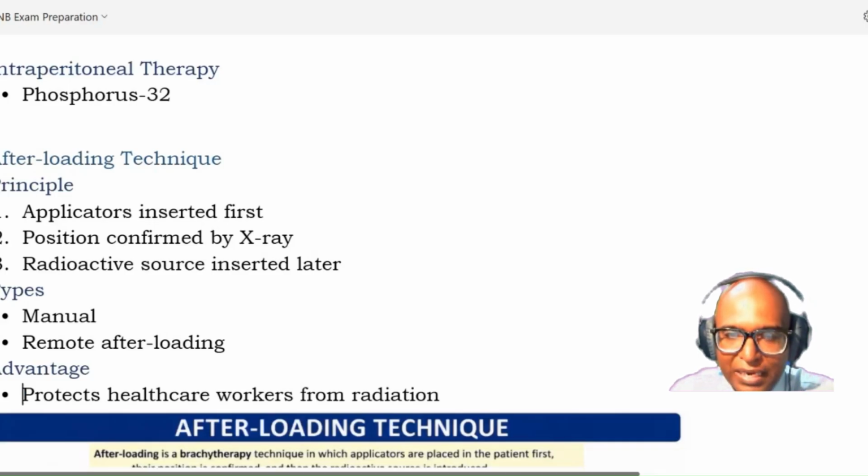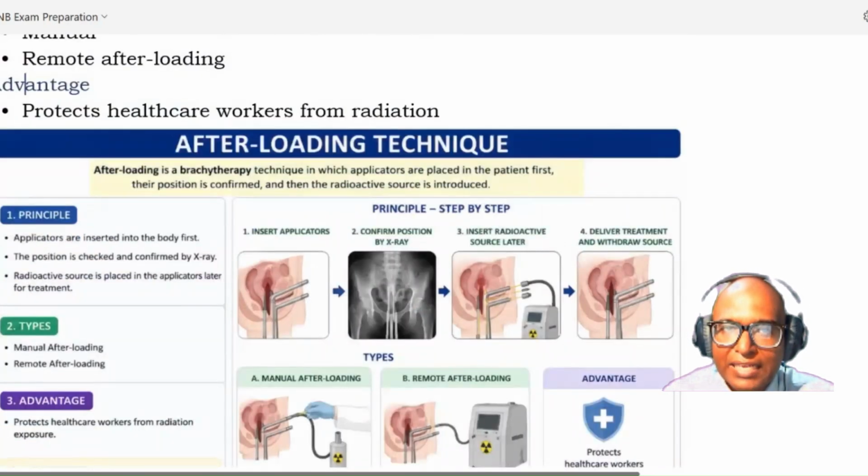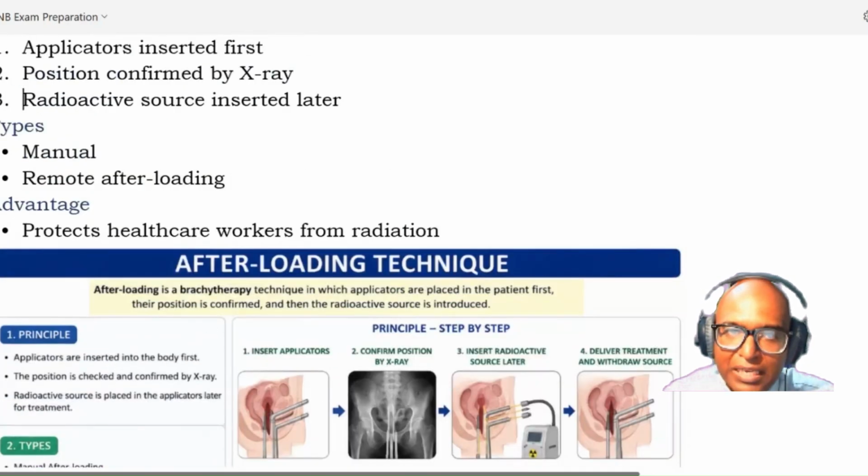So you have the applicator and you have the radiation source, out of which you introduce first the applicator, confirm the position of the applicator with the help of X-ray, then you insert the radioactive source later on. Okay. So you have to protect the health worker also, and you have to protect the normal tissue also. So first the applicator will be inserted, then the position will be confirmed by X-ray, and then the radioactive source will be inserted.